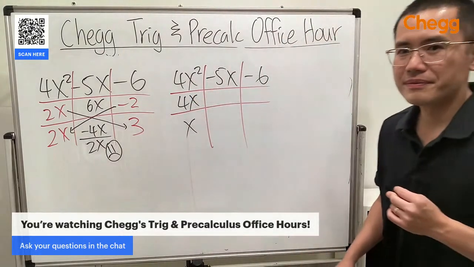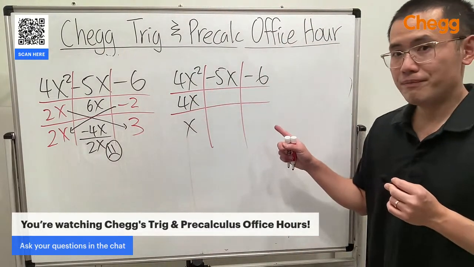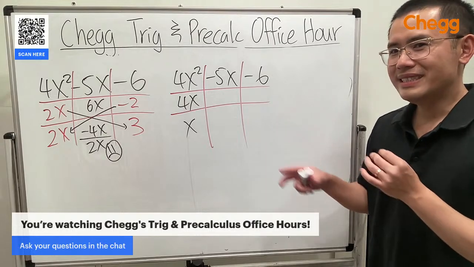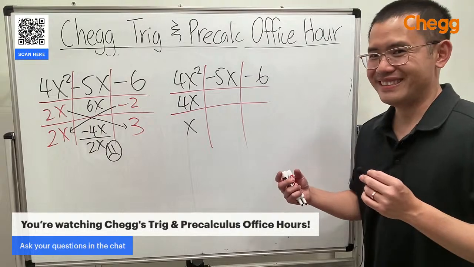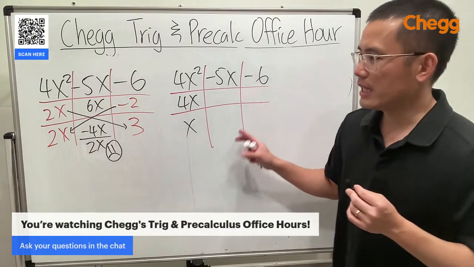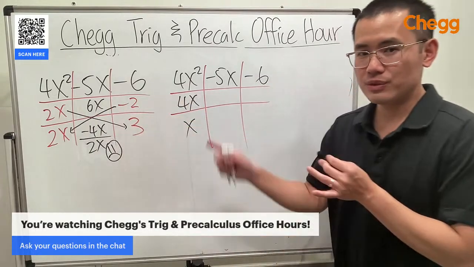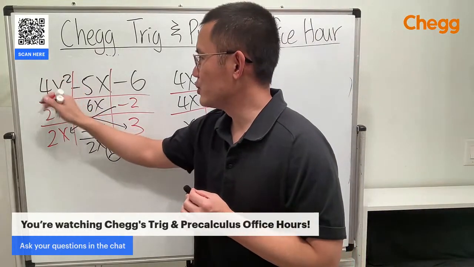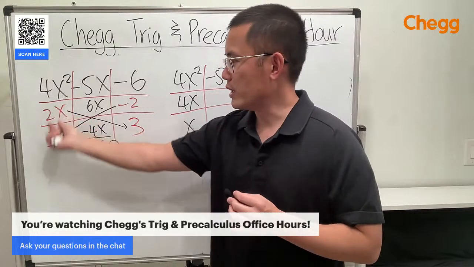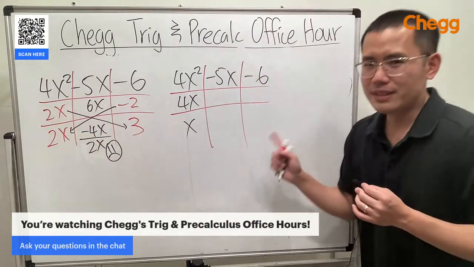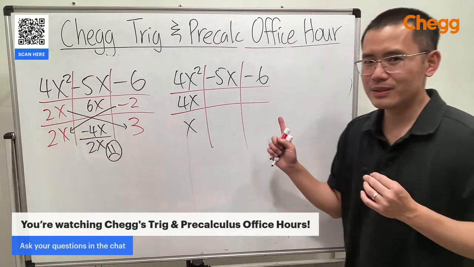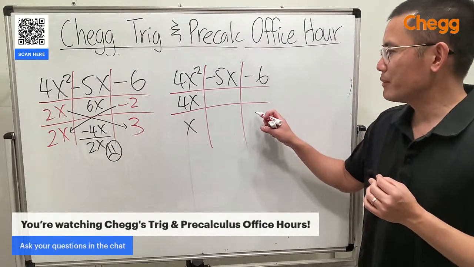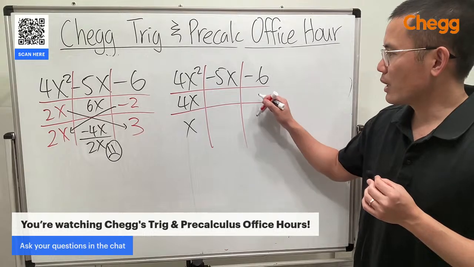Negative 6 and 1, it's not going to work. Because if you have to put it down and then check it, and if it doesn't work, just don't give up. Maybe gently cross it out, or use the eraser to erase them. But for this one, it does work. 3 and 2 works. I'm going to put down 3 right.